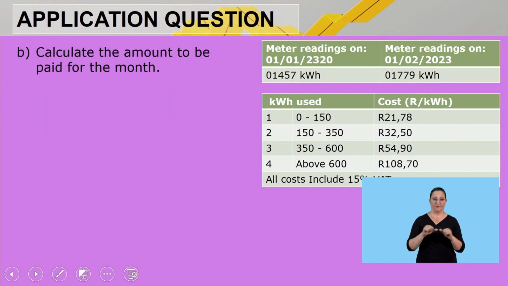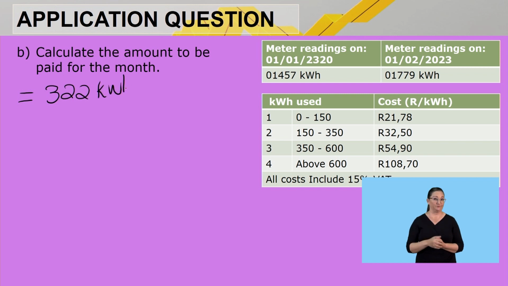Right. So now going to number B, calculate the amount to be paid for this month. It means now in this household, we have already calculated in number A that they have used 322 kilowatts.